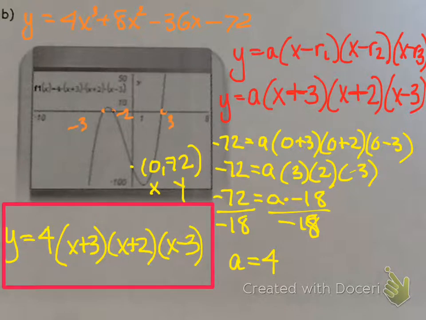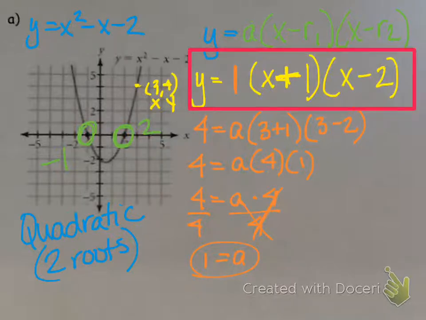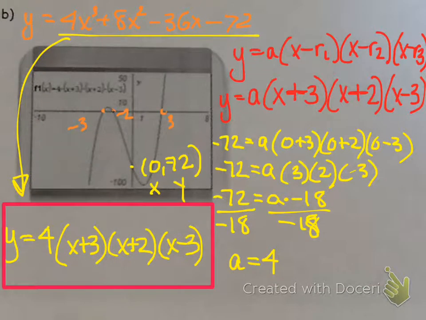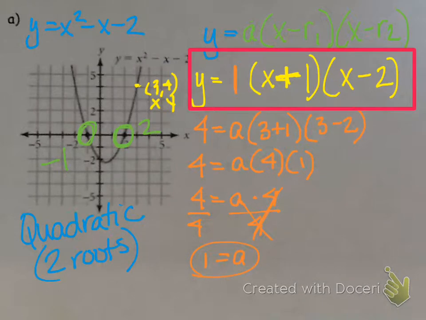Okay? So we converted from general form into factored form by using the graph and the roots and then finding that value of a. Now, I don't know if you noticed, but in the first problem, our value of a was 1, and in the second problem, our value of a is 4. So if we look at the original equation, what's the value of a in the original general equation?